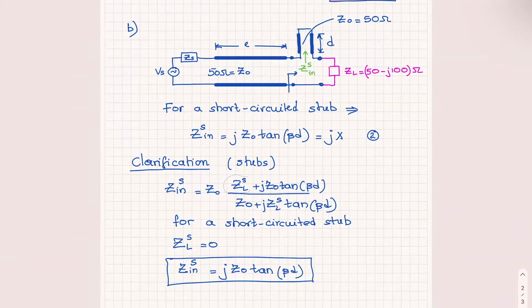The load of the stub is 0 because it's shorted. When you say load, is that of the load? No, this is the load of the stub. This is the stub, and this is the end of it, which is shorted.